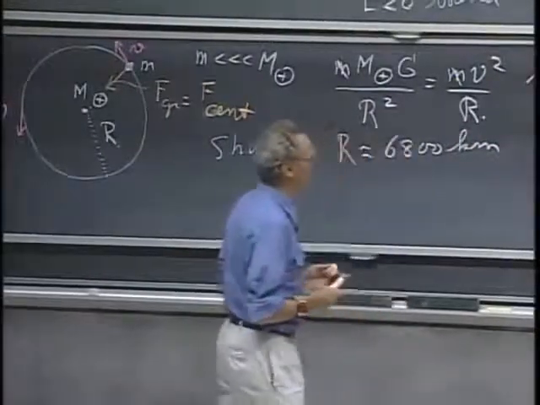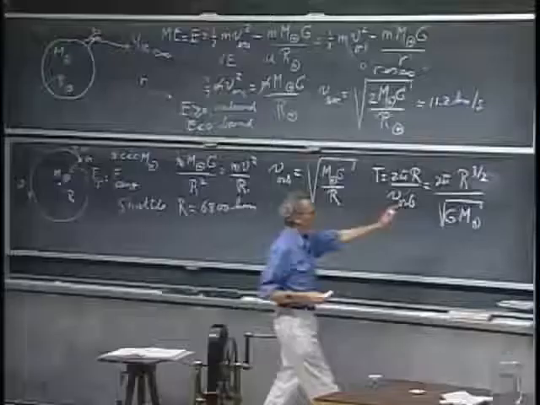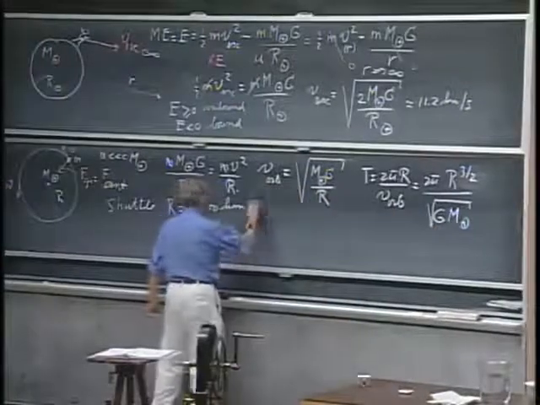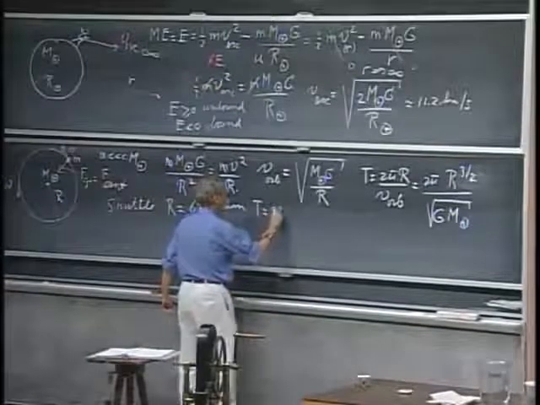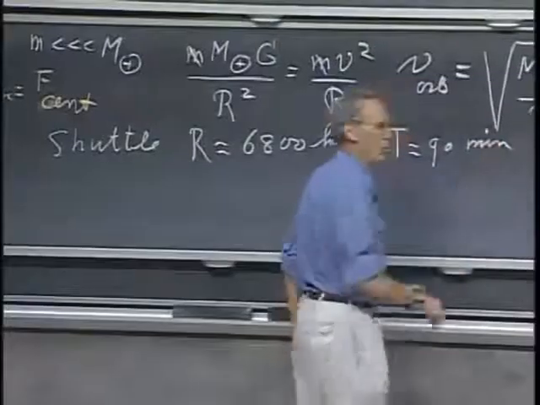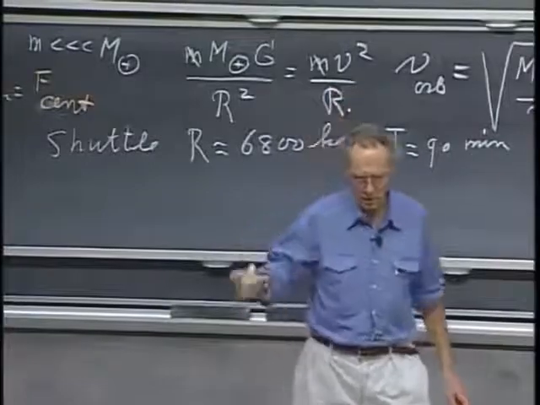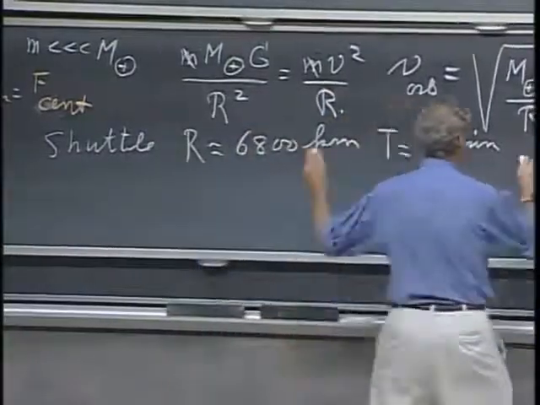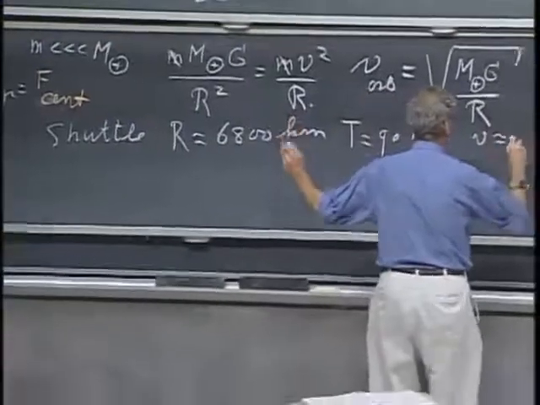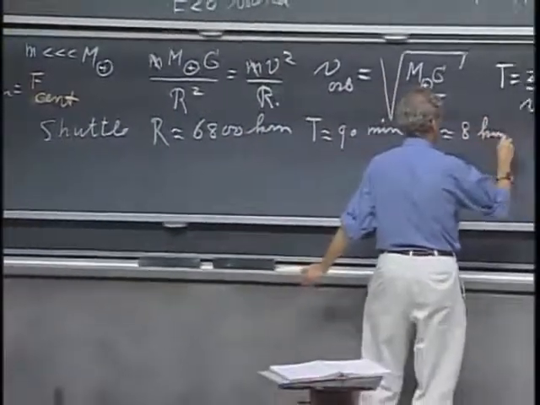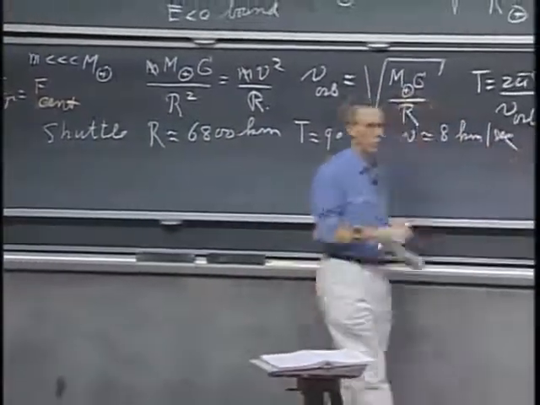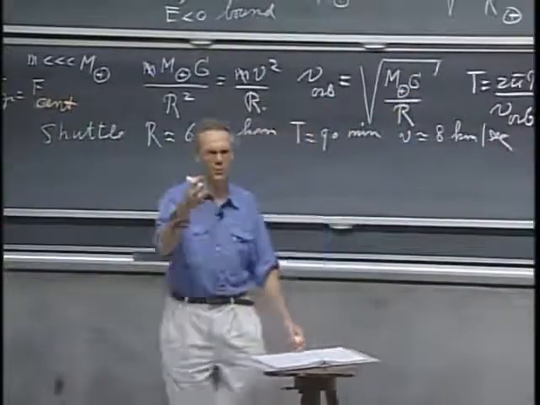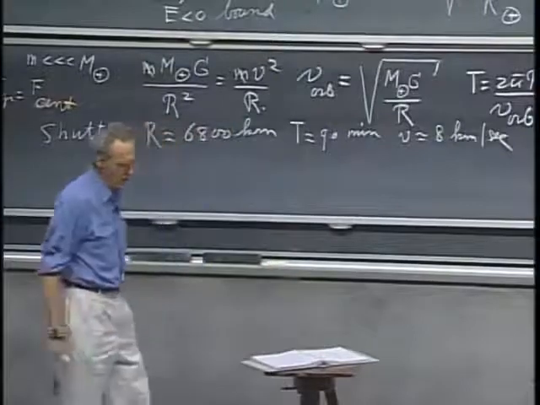You substitute that in here, the mass of the Earth and the gravitational constant, and you'll find that T is about 90 minutes. It's about 1.5 hours. The shuttle takes about 1.5 hours to go around, and the tangential speed is very close to 8 kilometers per second. And that holds for all near-Earth orbit satellites. Whether they are 400 or 500 or 600 kilometers, that doesn't change very much.